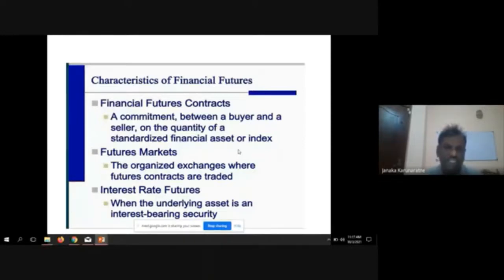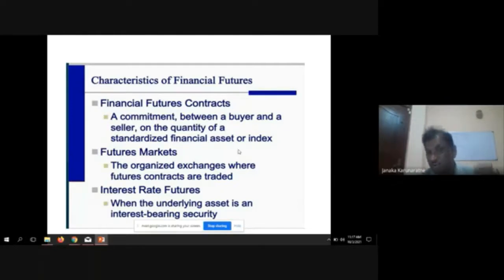It's like a stock market, an organized exchange where buying and selling of equities takes place. Similarly, the futures market is where organized futures contracts are traded, so buyers can buy futures contracts and sellers can sell them.